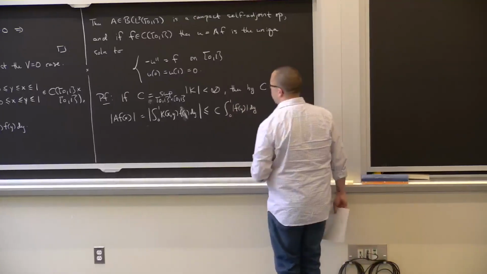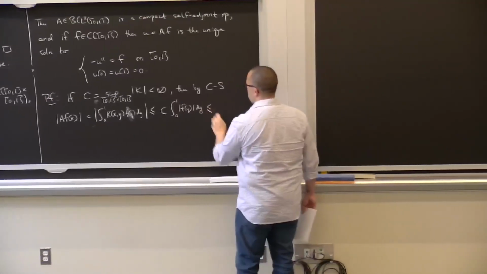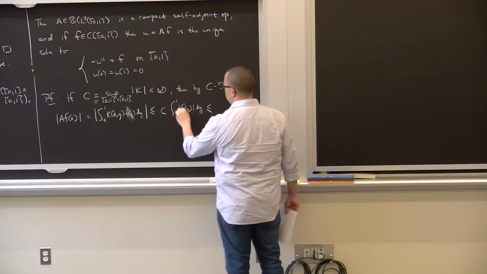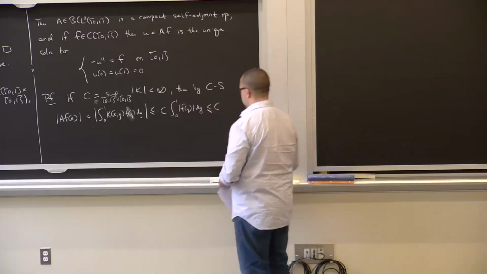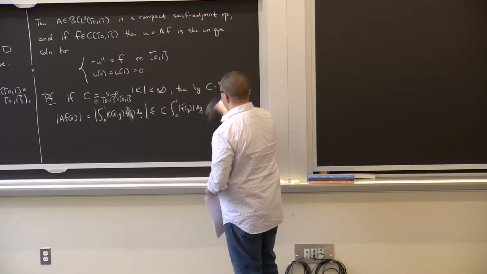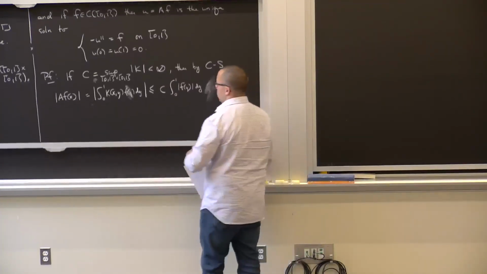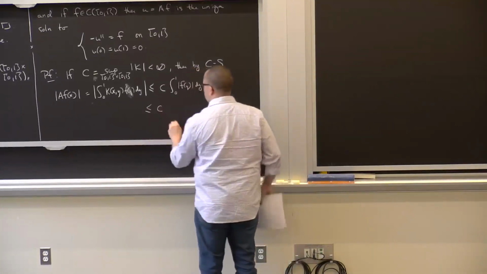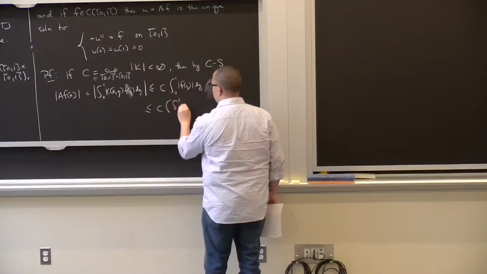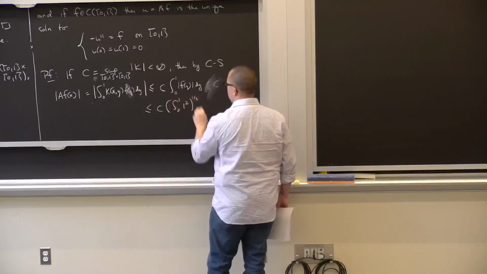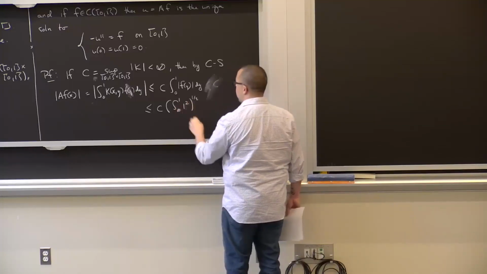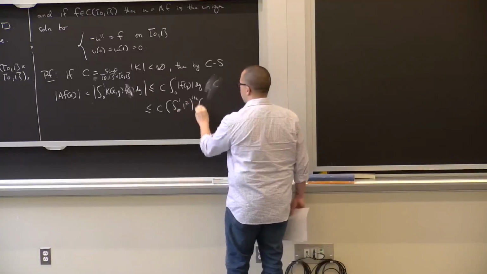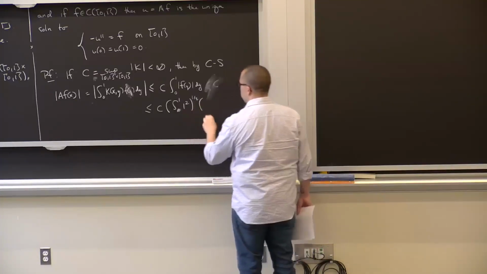And now I apply Cauchy-Schwarz to this. I can think of this as this quantity times 1, so this is less than or equal to C times the integral from 0 to 1 of 1 squared, raised to the 1/2 power. At certain points, I will stop writing of x dx or of y dy, and the meaning should be clear.